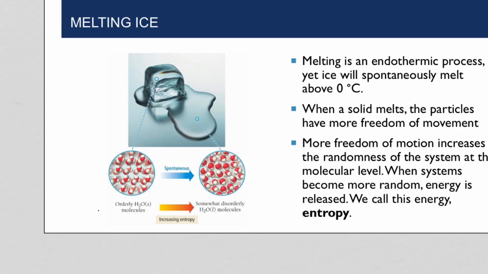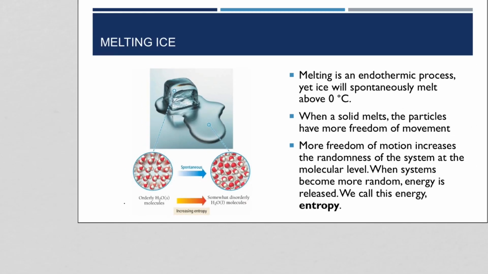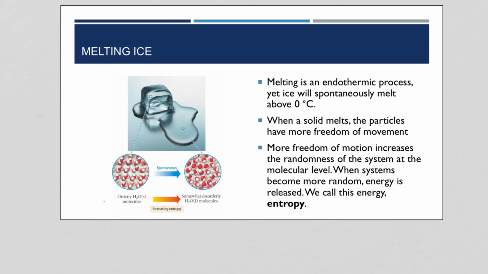Now, this is something called entropy, right? So this more freedom of motion that we have now, that in liquid molecules things can move, right? They can move past each other, they can flow. This increased amount of motion increases the disorder, or what we call the randomness of the system on the molecular level.